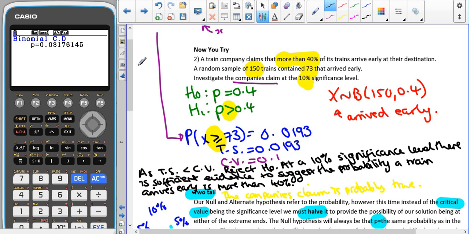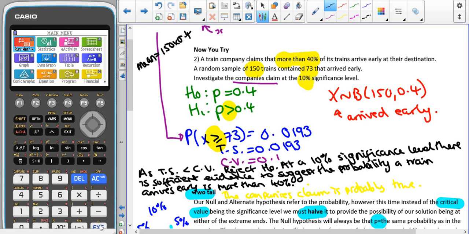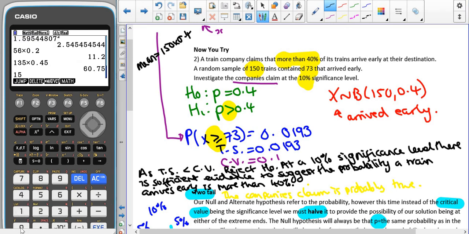So if we were to have a look at the mean for this question, we would have n, 150, times p, which is 0.4. If I pop that in my calculator, 150 times 0.4 gives us 60. We have more than expected because 73 is more than 60, so it's greater than or equal to.